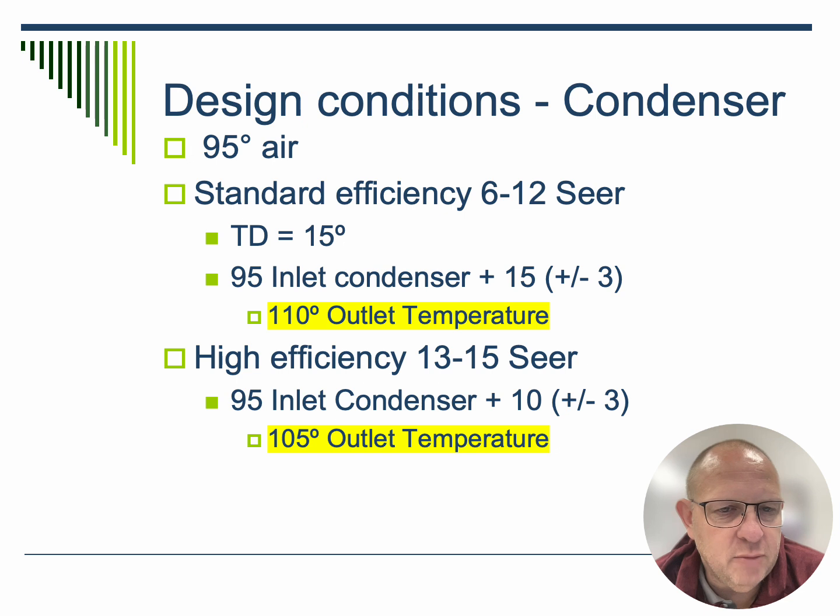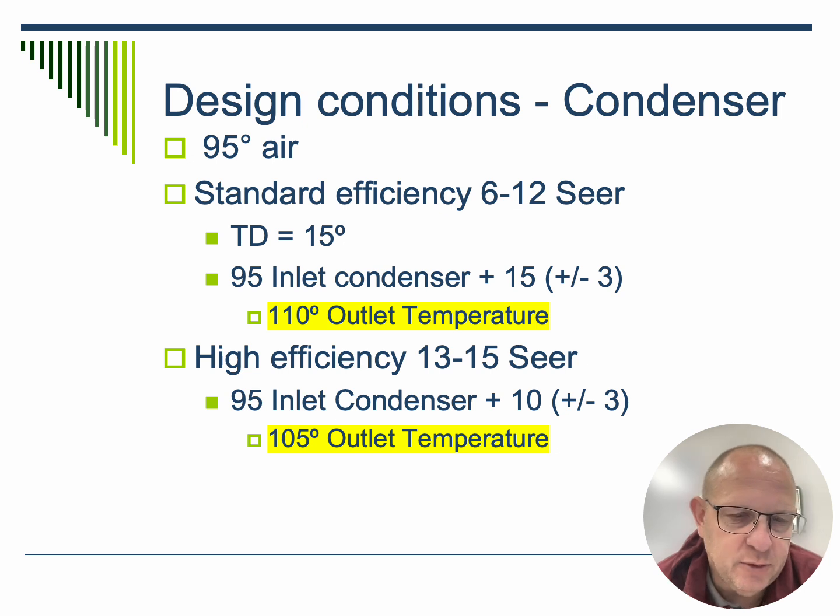And that can be figured because 95 plus 15, plus or minus 3 degrees, we're going to be running somewhere around 110 degrees on the outlet temperature of that condenser. Now, understand that condensing temperature over ambient is different than the temperature difference that you're going to be seeing on the condenser itself.